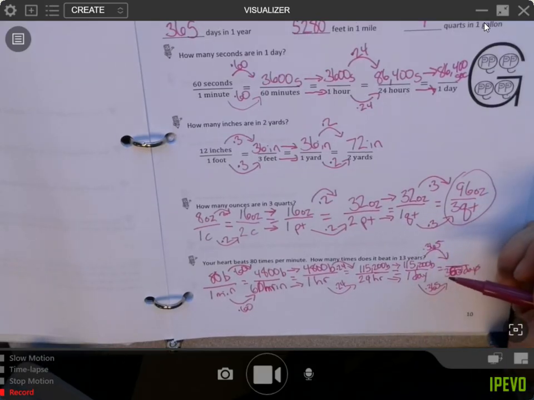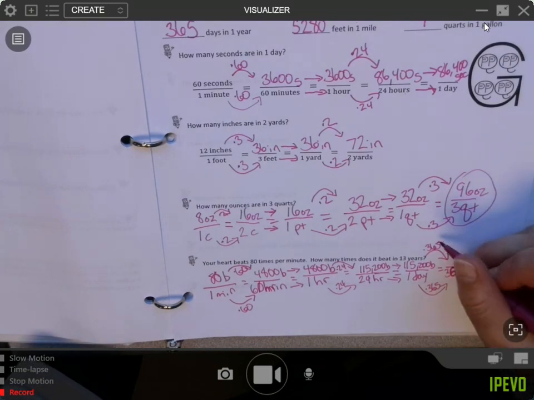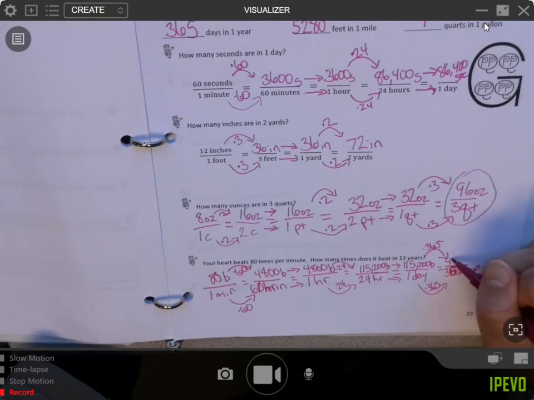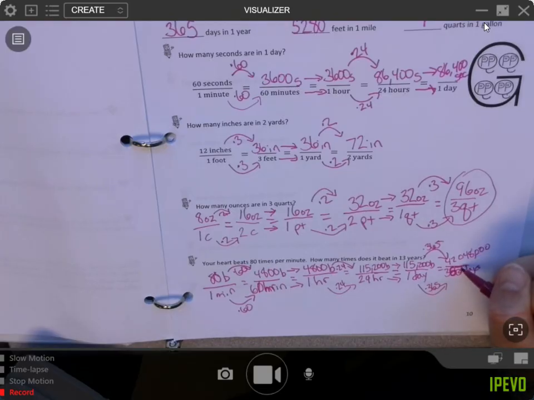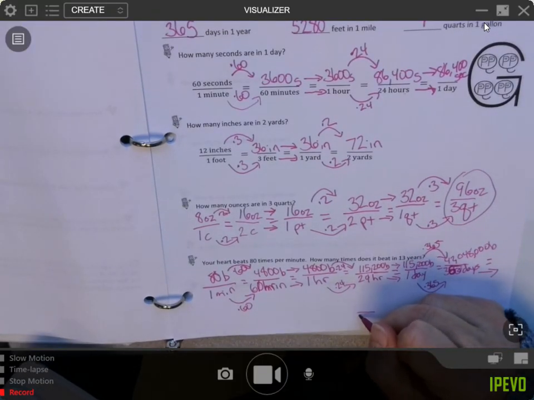So 115,200 times 365 gives us 42,048,000 beats in 365 days, which is the same, going straight across, as 1 year.